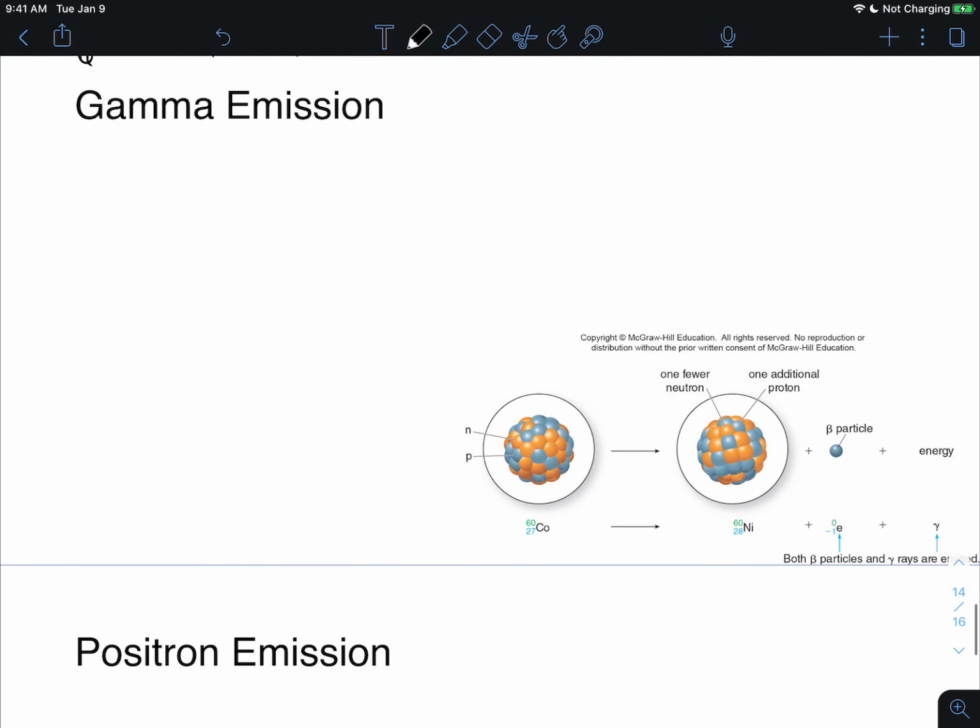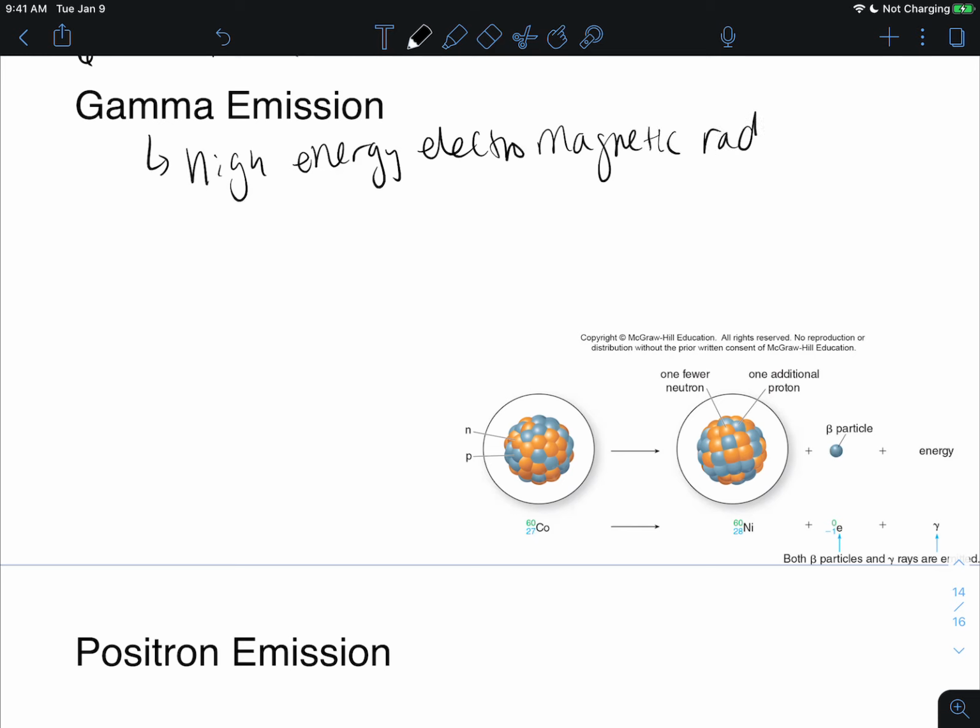Next is our gamma emission. Gamma rays are electromagnetic radiation, high energy electromagnetic radiation. And as such, it has no charge, no mass.